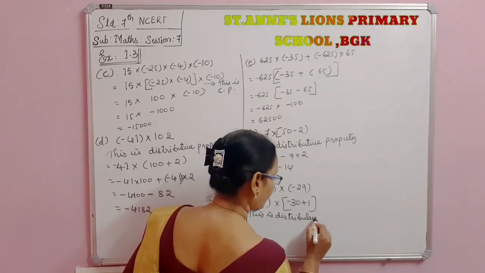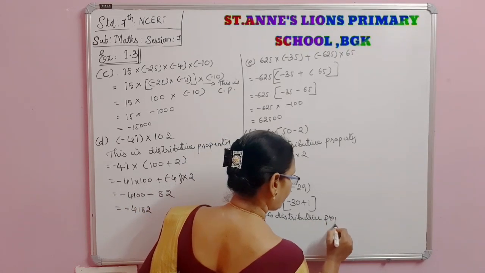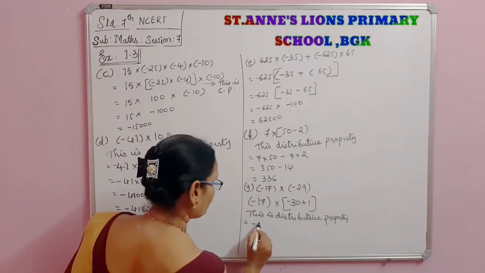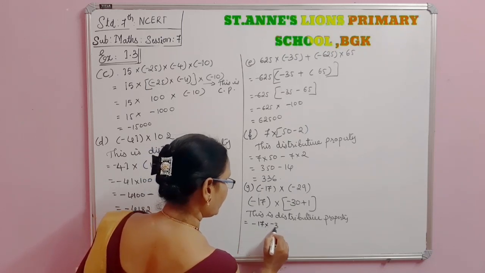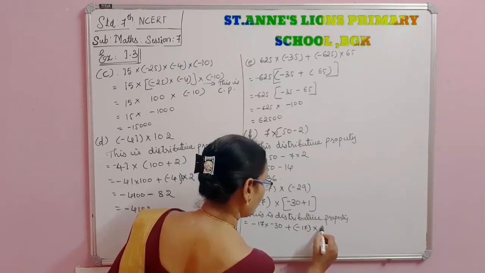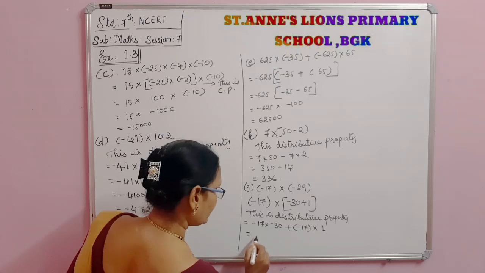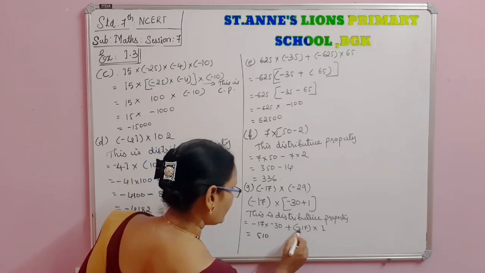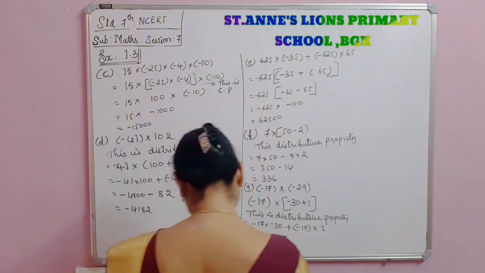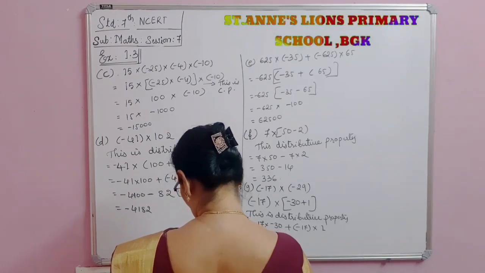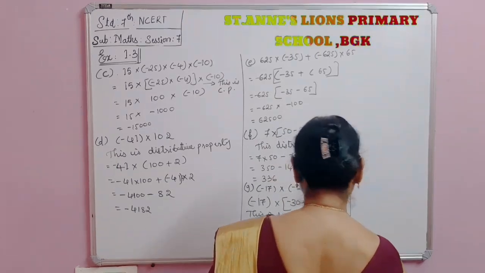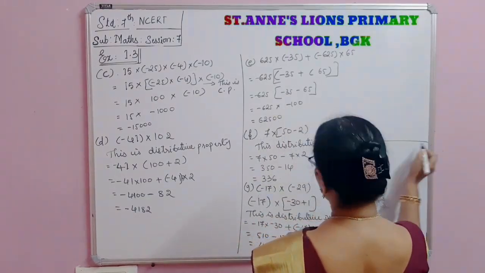So it is equal to minus 17 into minus 30 plus minus 17 into 1. Minus into minus plus, 17 into 30 is 510, plus into minus minus 17. So this is equal to 493, the answer.